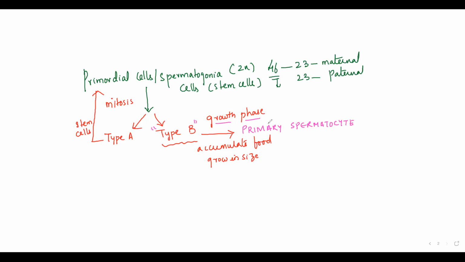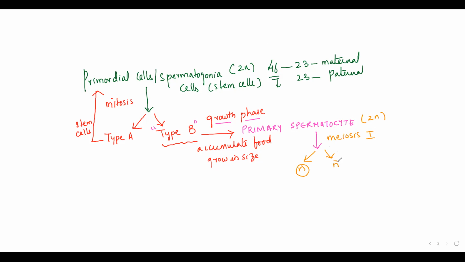And next, the primary spermatocytes undergo a meiotic cell division process, that is meiosis 1. These primary spermatocytes are diploid in nature, but now they produce two daughter cells which are haploid.